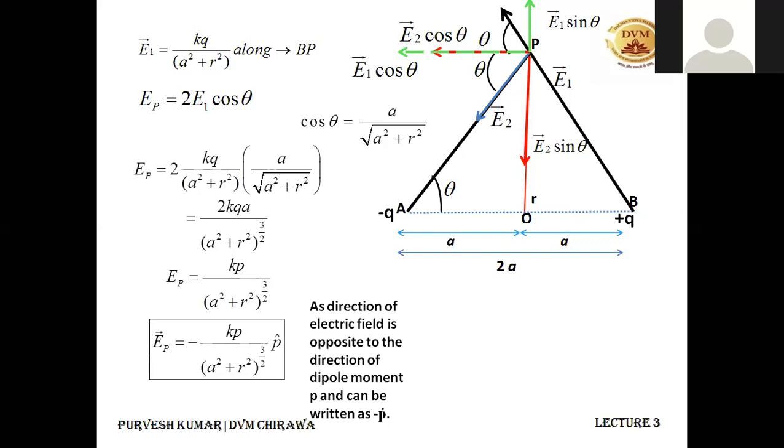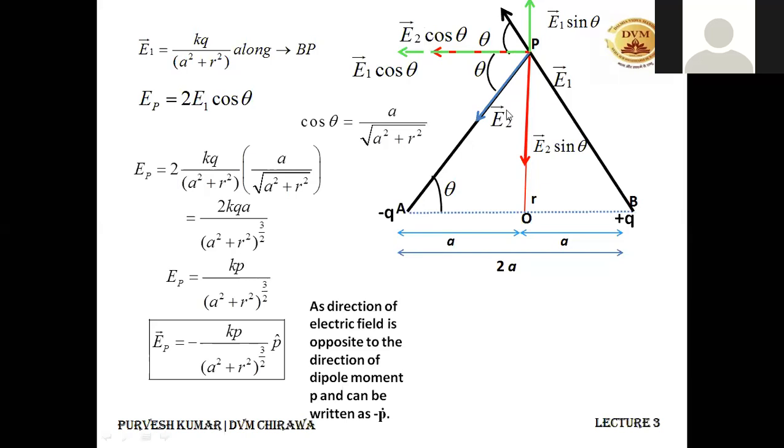Before that, if I need to specify a direction to this EP, I'll be using a unit vector, and here the vector is the electric dipole moment. So the unit vector is P cap. But now you can see this thing, the direction of this electric dipole moment is always from negative charge to positive charge. But the direction of the resultant electric field at point P has come out to be from positive charge towards negative charge.